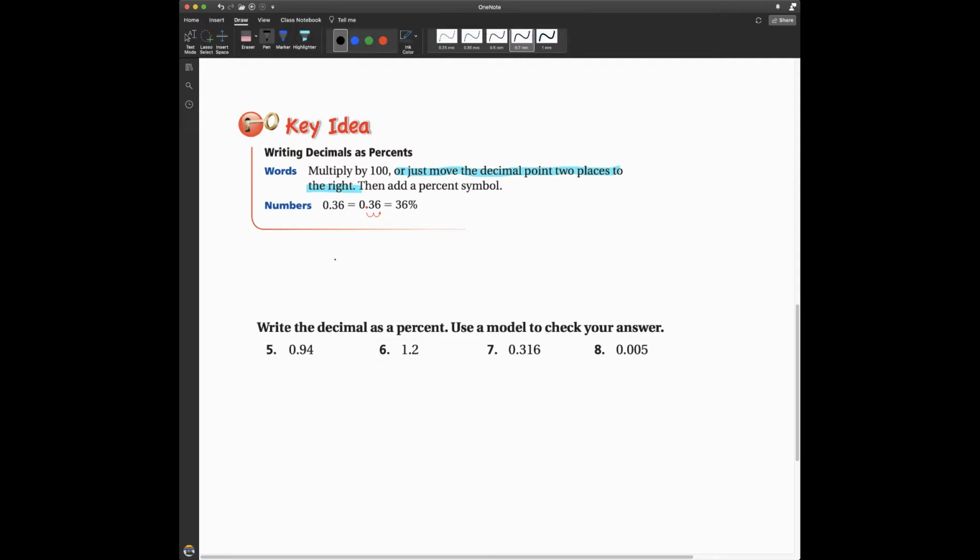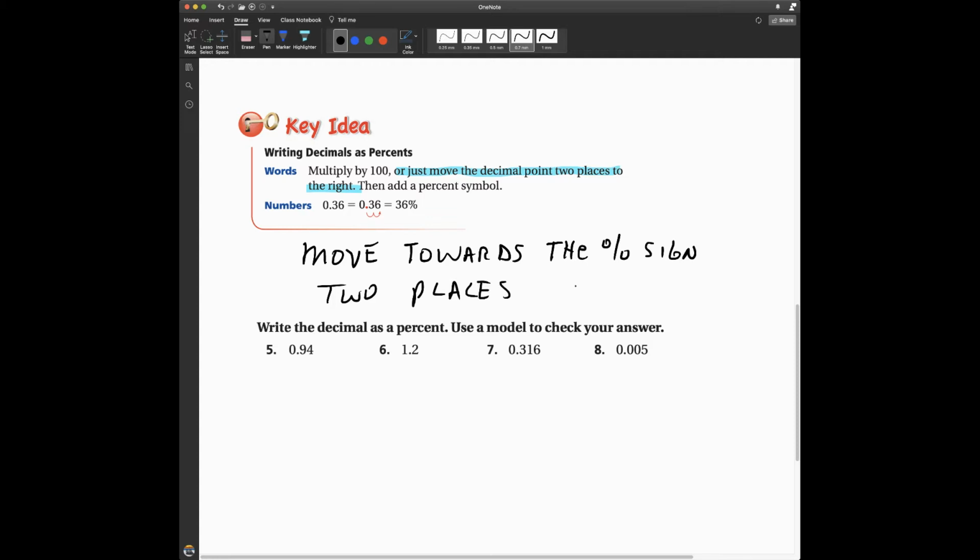Another way of thinking about this is move the decimal towards the percent sign 2 places. So you want to move it so it's closer. So you move it 2 places to the right.